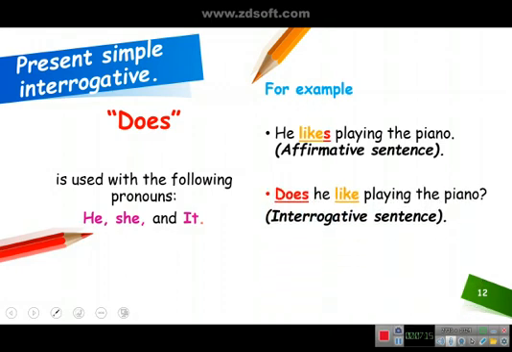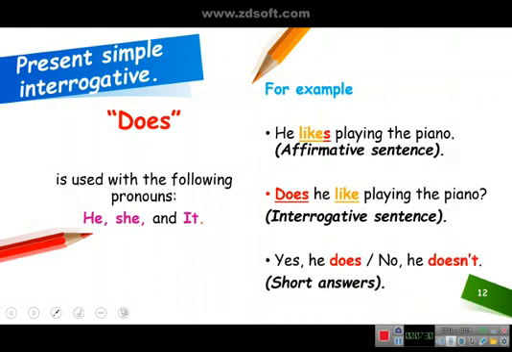To make this sentence interrogative, we add does before the pronoun he, so it becomes, does he like playing the piano? The answer is, yes he does, or no he doesn't. When does is added, the verb stays in the base form. We don't add s at the end of the verb.